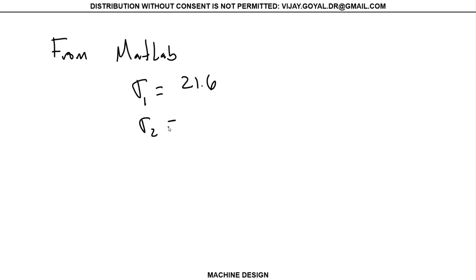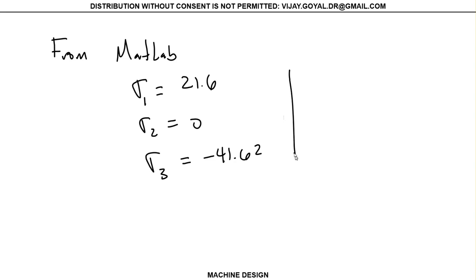So running your MATLAB code, you get that your sigma 1 is 21.6, sigma 2 is 0, sigma 3 is minus 41.6.